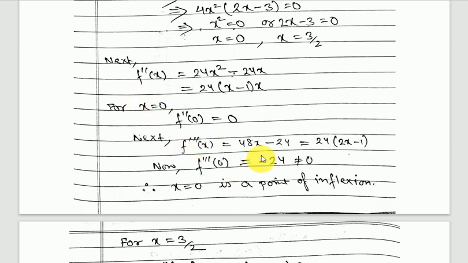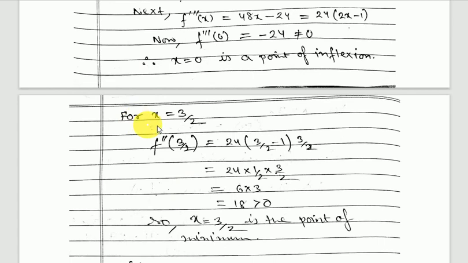When you replace x by 0, you get minus 24, which is not equal to 0. So since the third derivative at x equal to 0 is not equal to 0, this x equal to 0 is a point of inflection. We had discussed this when we were looking at the steps of the second derivative test.